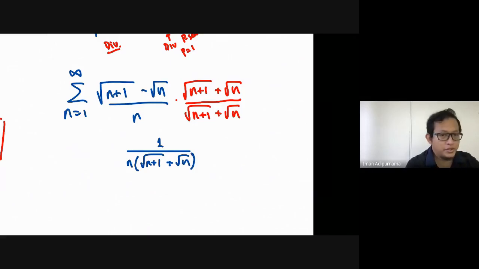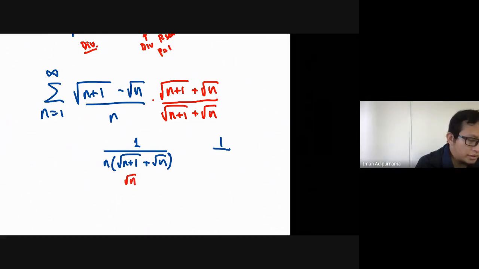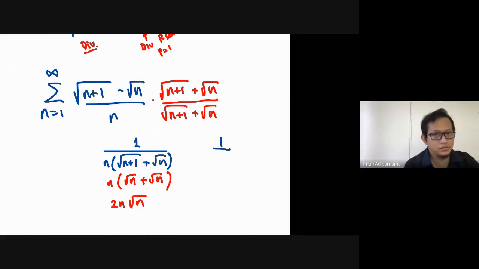We can compare this form with 1 over, imagine this is square root of n and this is square root of n. What will happen? This is 2n, right?